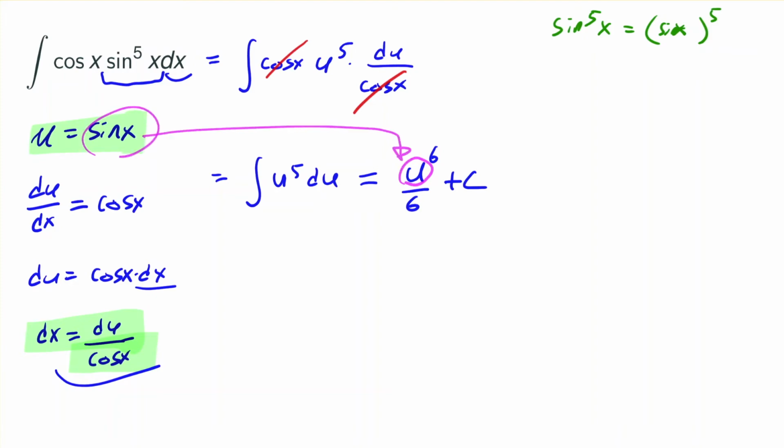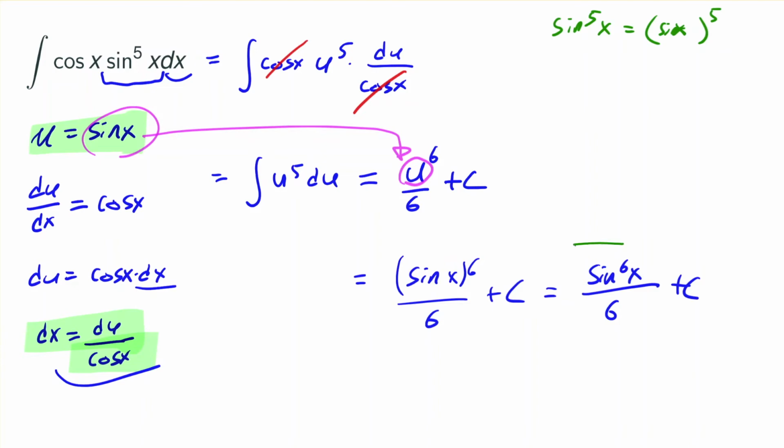The final answer is sine x to the sixth power over 6 plus c. So this is the final answer. And if you take the derivative of this, you will get this.